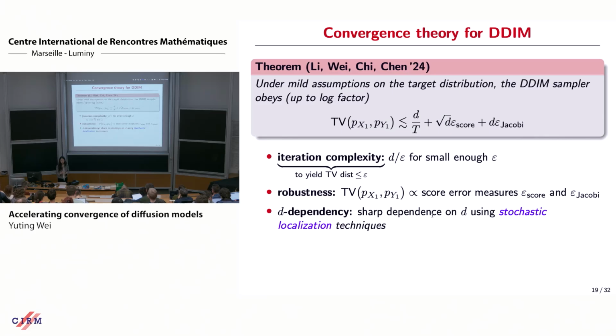Previously, people were only able to get a polynomial dependence on d, or change the sampler a little bit from the DDIM and add a few stochastic correction steps to DDIM in order to have control of some metric between your sampler and the true distribution.